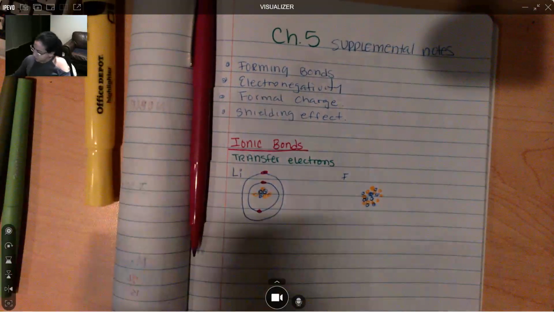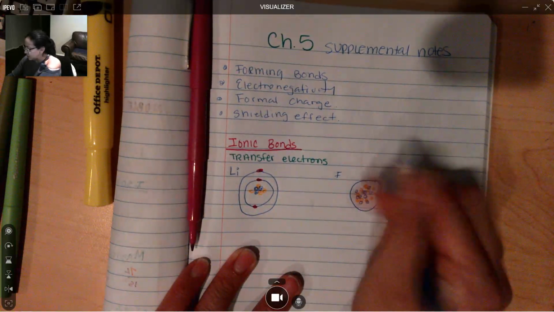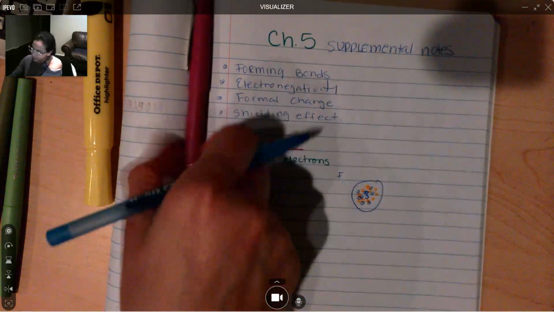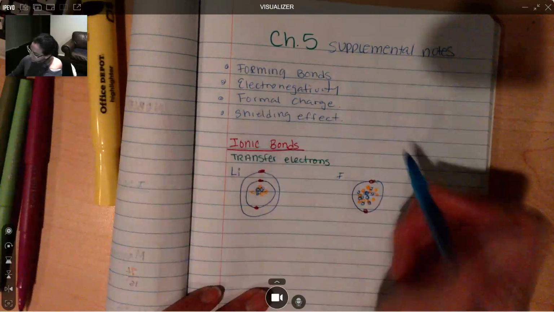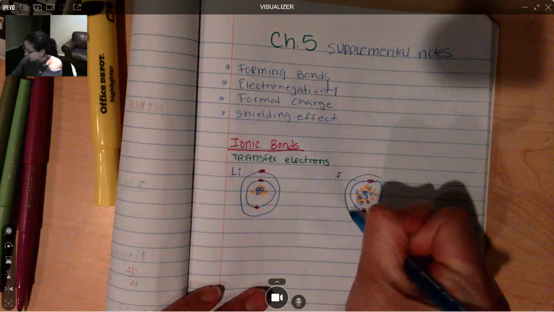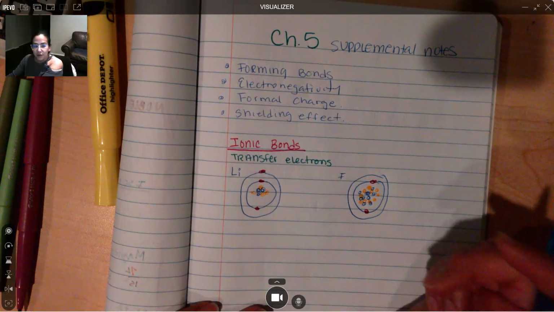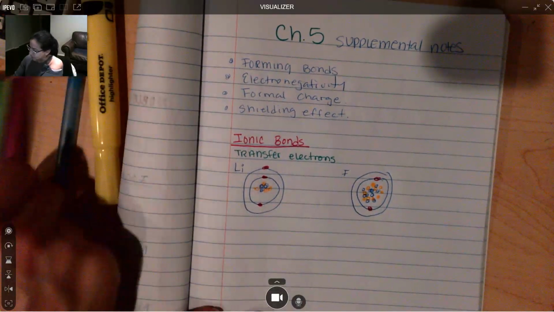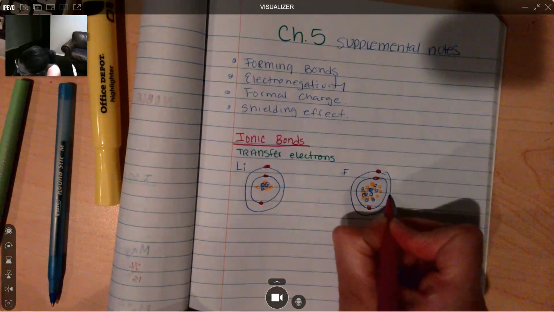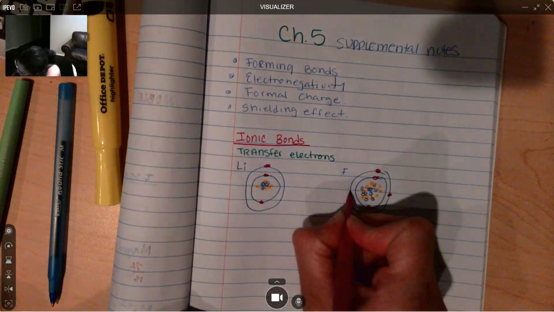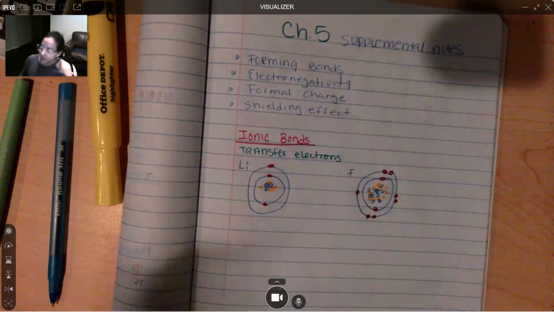Alright, so here is my fluorine. That's its nucleus, and we're going to have the first shell, which is going to have 2 electrons. And the second energy shell right here, which is going to have the rest of my electrons. So 9 take away 2 is 7 more. So I'm going to have 1, 2, 3, 4, 5, 6, 7.